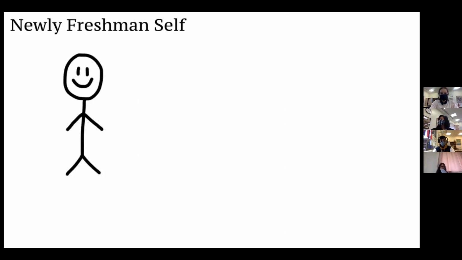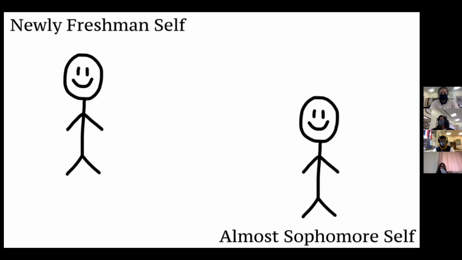These three details are just small examples of how much my mindset has changed. Comparing myself to the beginning of the year, I could have never thought of these takeaways. My newly freshman self would have never known that I would end up enjoying reading. And now, my almost sophomore self would want to leave you off with this. You need to learn yourself to know yourself.